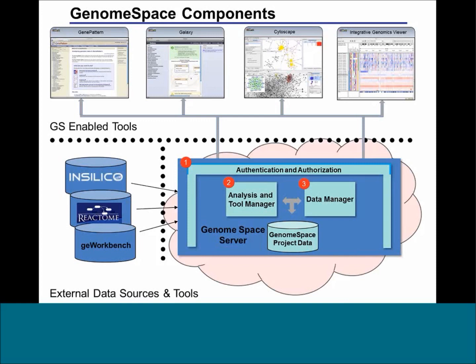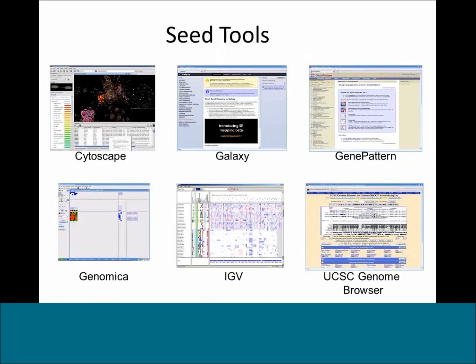So to describe a little bit more about the seed tools and the reason that we chose them: Cytoscape is the industry standard for genomic and regulatory network analysis and visualization. Galaxy is a tool that is standard for sequence analysis, next generation analysis, and many other pieces of functionality. GenePattern is a functional genomics tool that has a large number of gene expression analysis algorithms, plus proteomics, flow cytometry, copy number, and a number of other different tools.